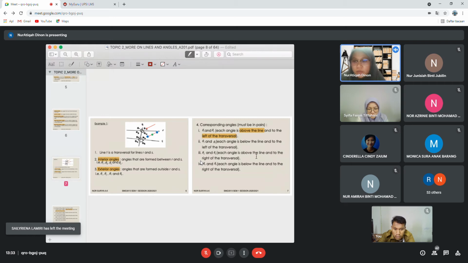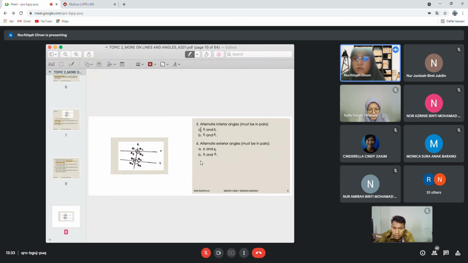Each angle is above the line and to the right of the transversal. And then next we have theta 4 and lastly theta 8. Each angle is below the line and to the right of the transversal. So altogether, since we have 8 angles, we have 4 pairs of corresponding angles.